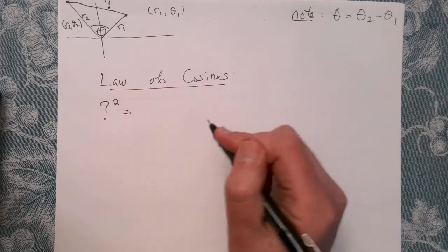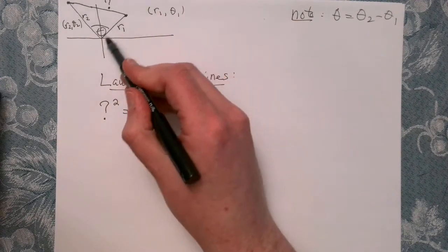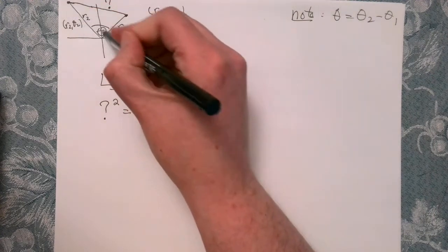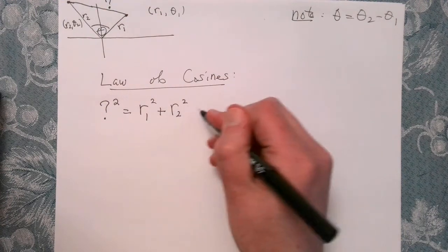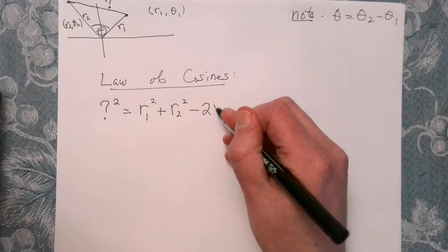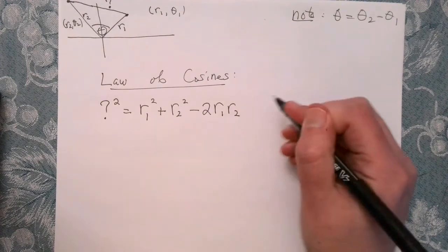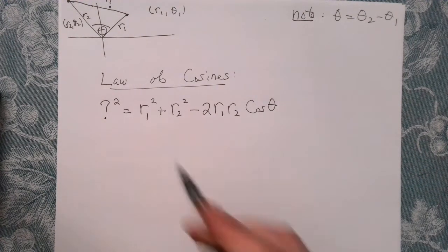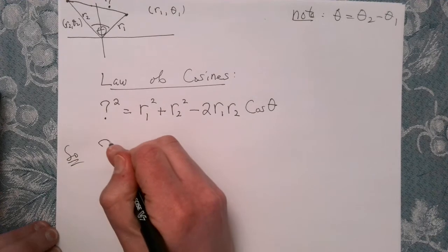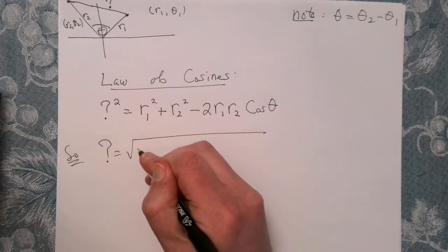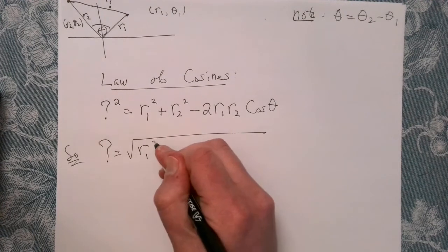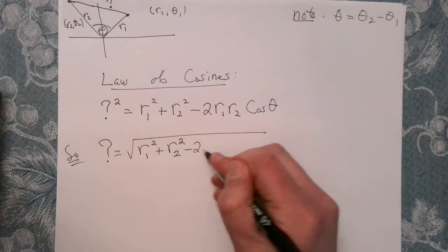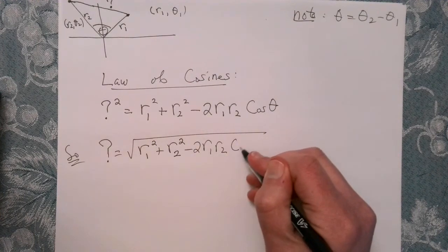That is equal to this side squared plus this side squared minus 2 times the product of the sides times the cosine of the angle between. So we can just take the square root. And so question mark equals the square root of r1 squared plus r2 squared minus 2r1 r2 cosine of theta.